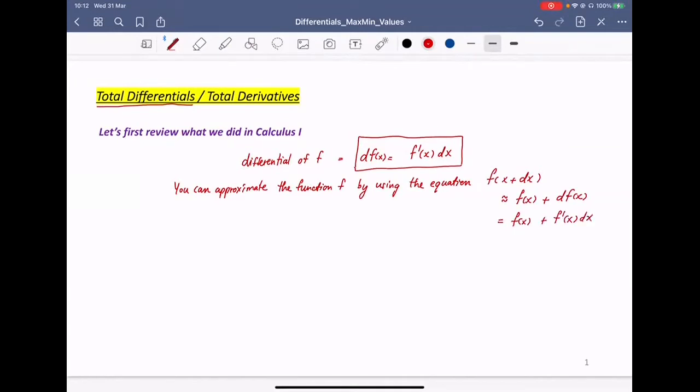Well, this is what you learned in calculus 1. So when you have a function f and you want to approximate the value f of x plus dx, you can use the equation to approximate it to be f of x plus f prime x dx.